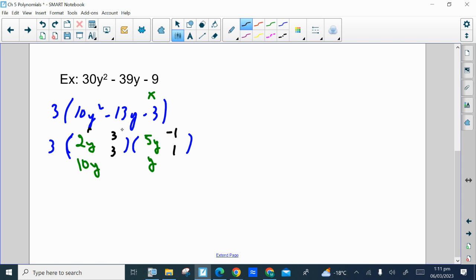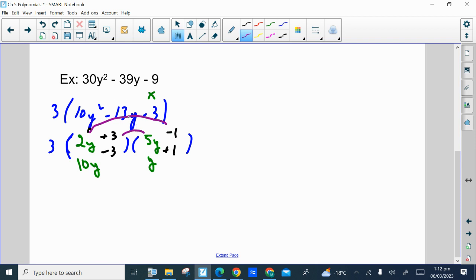So if I put the 1 in the second as negative and the 3 in the first as positive, and if that doesn't work, I'll switch those signs around. So 2y times negative 1 is negative 2y. 3 times 5y is positive 15y. 15y, take away 2y, is positive 13y.